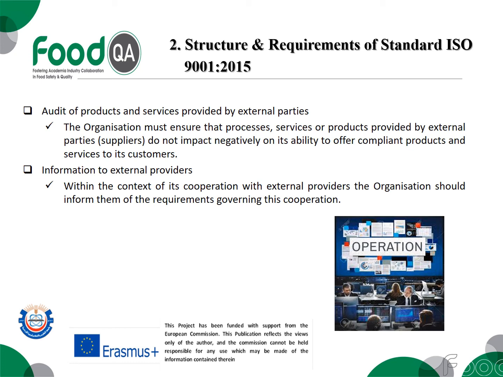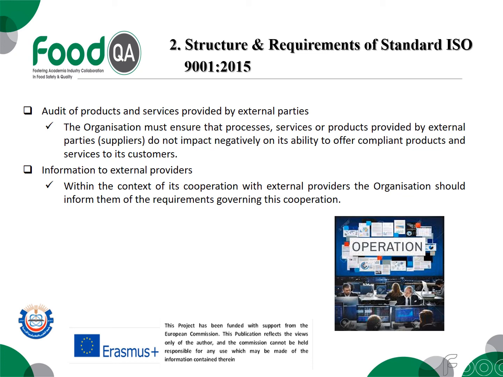Audit of products and services provided by external parties. The organization must ensure that processes, services, or products provided by the external parties or suppliers do not impact negatively on its ability to offer compliant products and services to its customers.